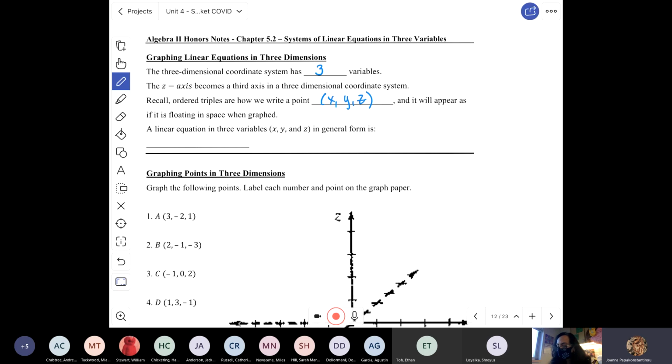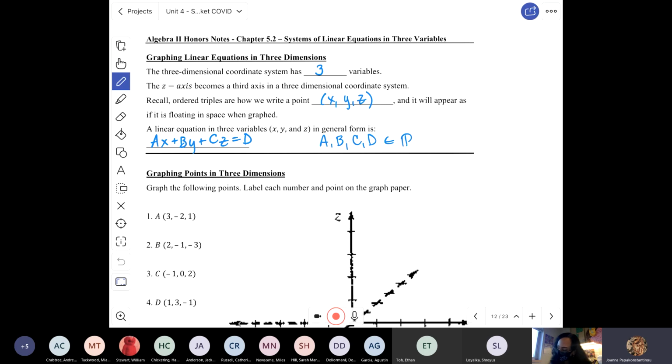And when we want to write the equation of a plane, it's going to be AX plus BY plus CZ equals D. I've just introduced another variable, and therefore I have a little bit more in the equation, and we want to state that A, B, C, and D are just elements of the reals. So they're just real numbers, okay?